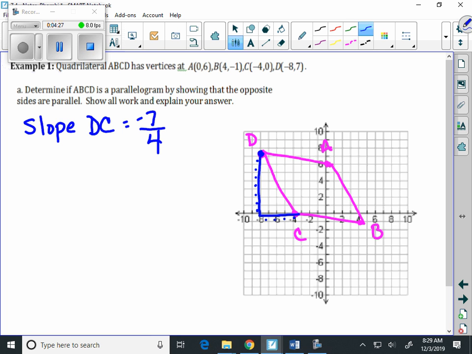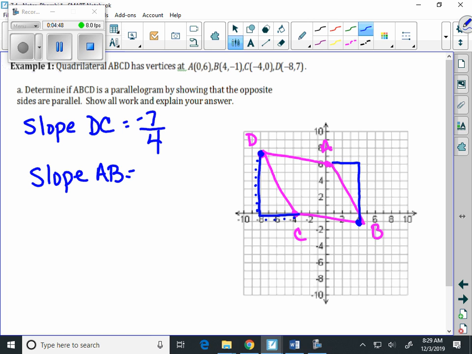We're showing that opposite sides are parallel. So we're going to show that AB also has a slope of -7/4. That's the opposite side. So we'll draw our triangle here, and this one is here.